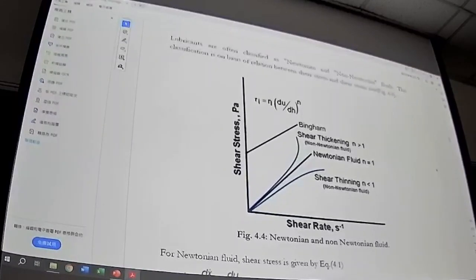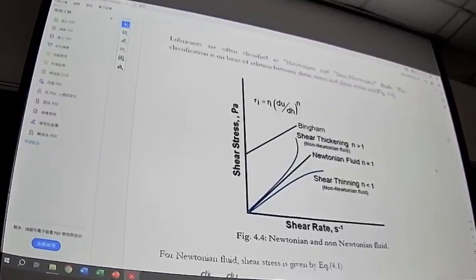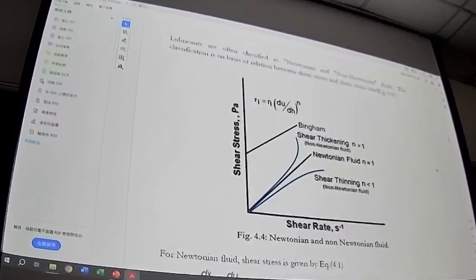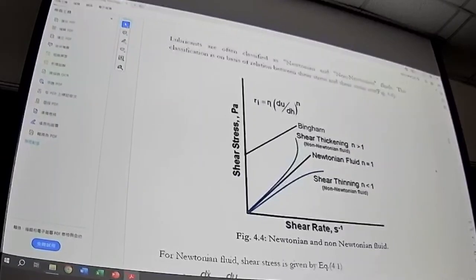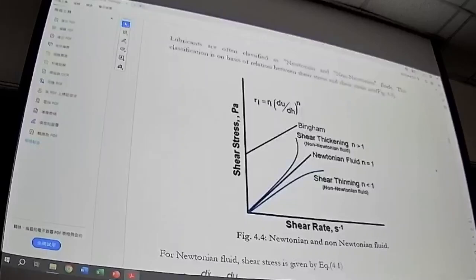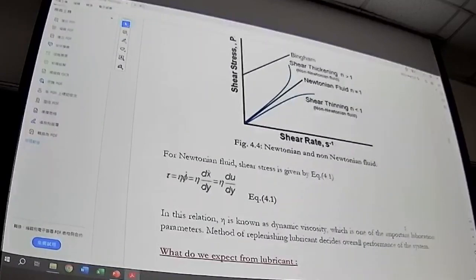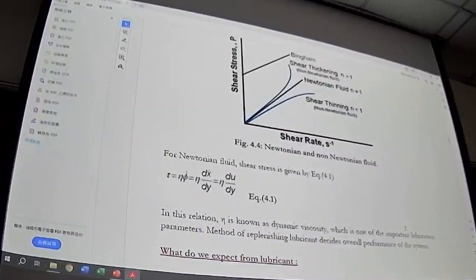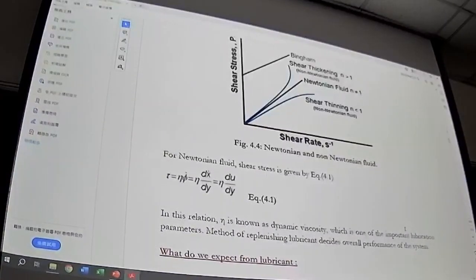This quantity here is called the dynamic viscosity.